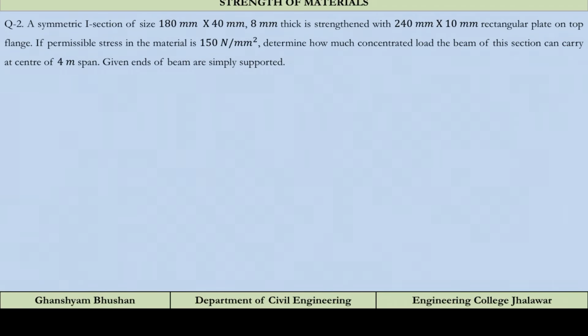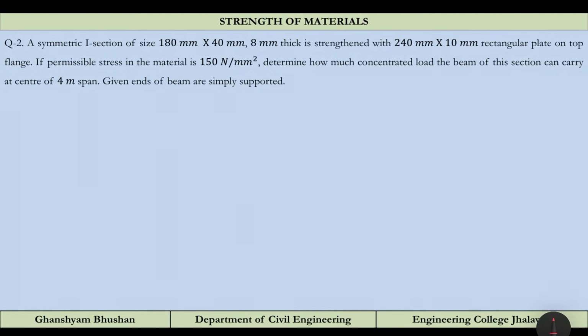Now let us try to solve the second problem. It states: a symmetric I section of size 180 mm by 400 mm. Sorry, this is not 40 mm, this is 400 mm. In the diagram I have shown you, so don't panic.